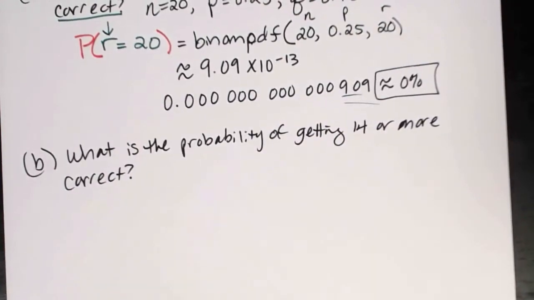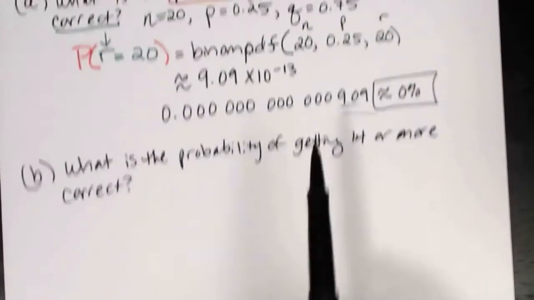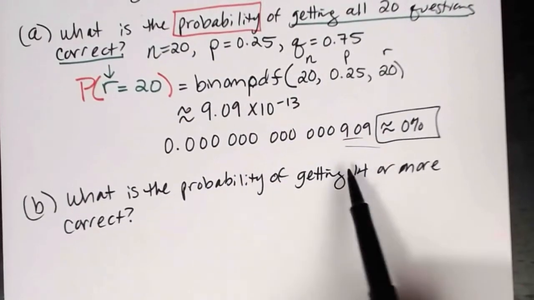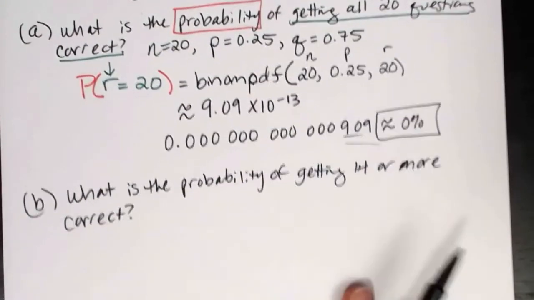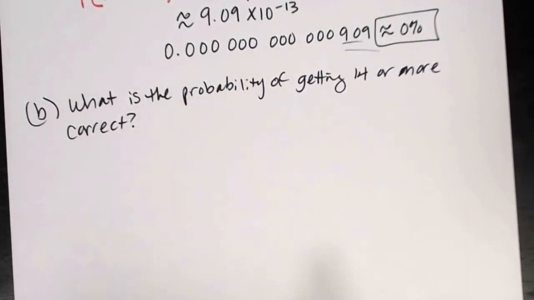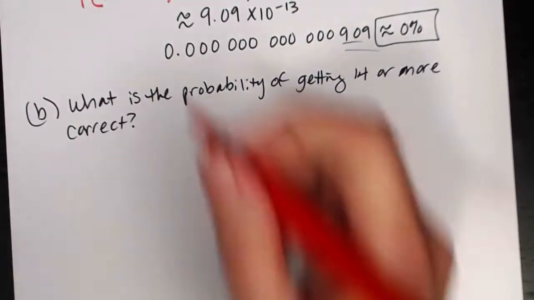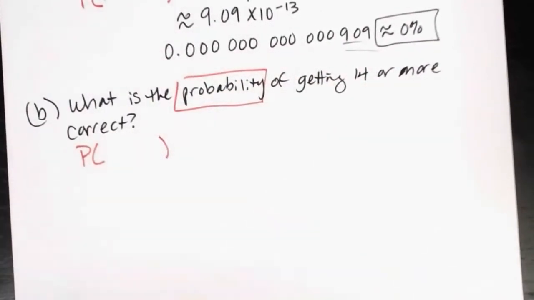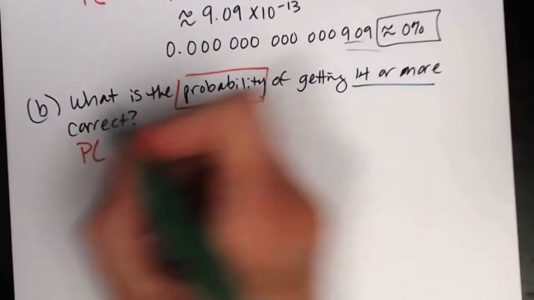Notice that this is a fundamentally different type of question. This is not an exact. We're not getting exactly 20 correct or exactly 14 correct. We're talking about 14 or more. So one way to do this, if you're thinking about probability, again, we want capital P, 14 or more correct.